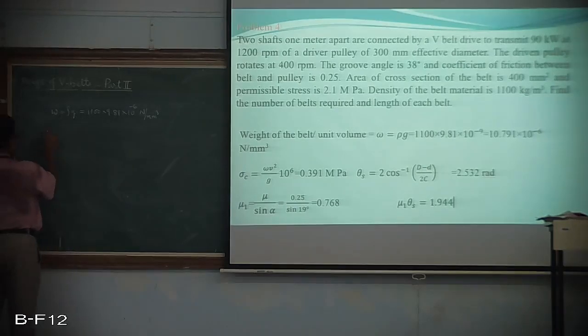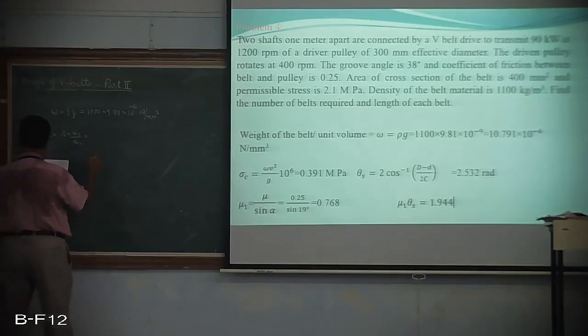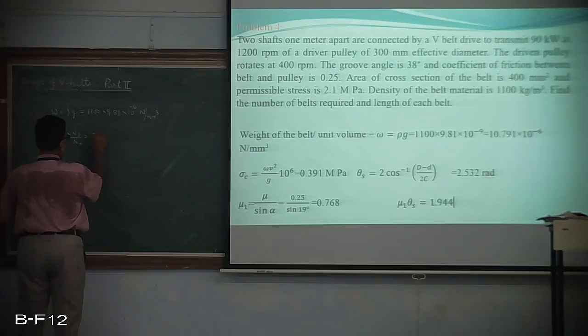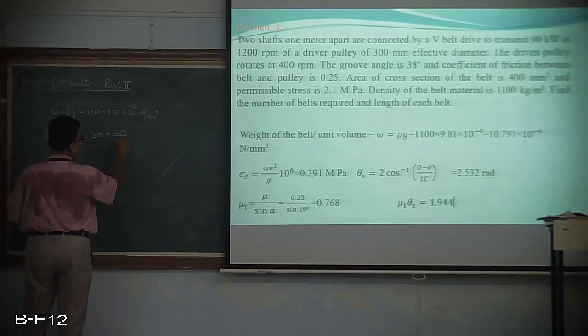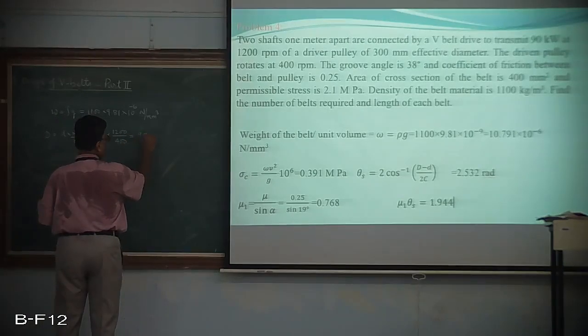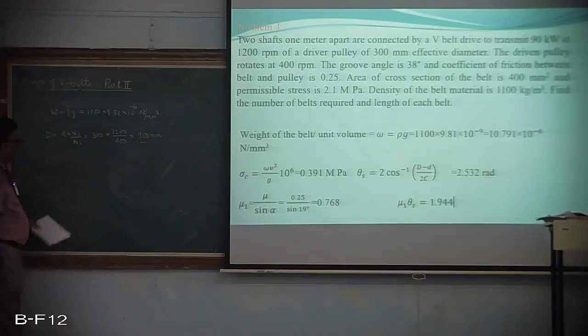Then you have to convert that into Newton per millimeter cube. Then as I told you, we can find out the diameter of the larger pulley. The diameter of the larger pulley is D2 equals d1 into N1 upon N2. He has already given you the diameter of the smaller pulley, 300 into 1200 upon 400. This will give you the diameter of the larger pulley. This is 900 mm.